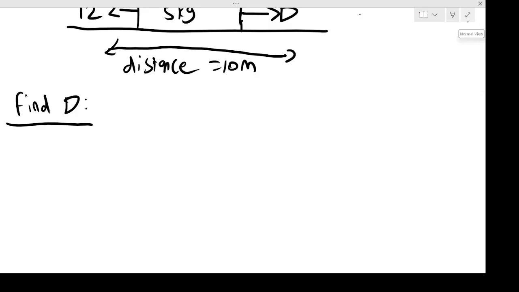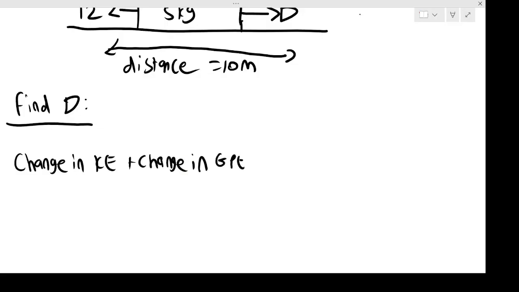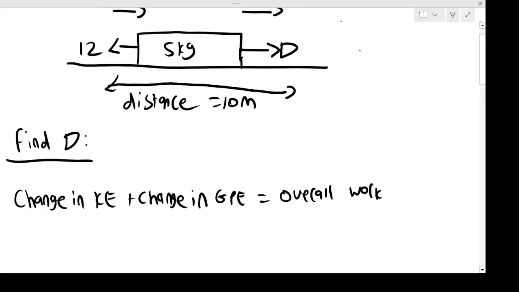If I literally just state the work energy principle, that's going to be the change in kinetic energy, the change in KE, plus the change in GPE, equals the overall work. This is what I stated just recently. This is the work energy principle, this little formula here.